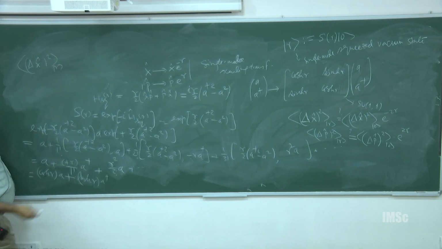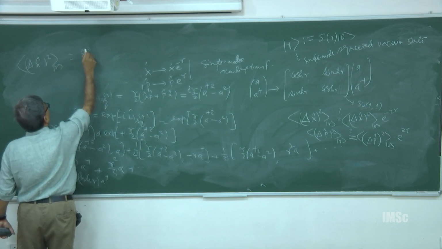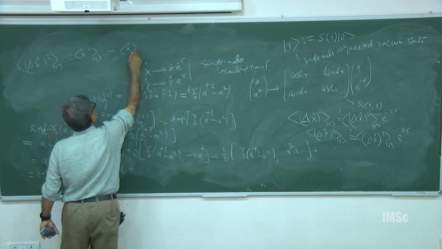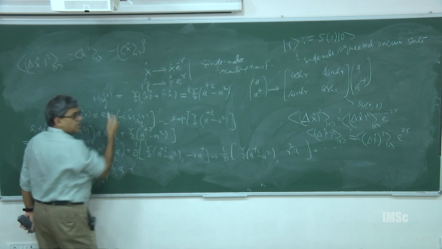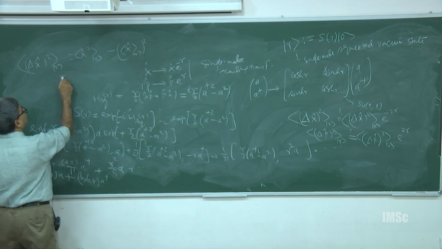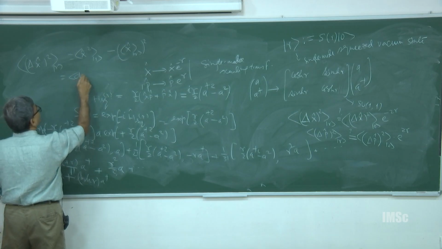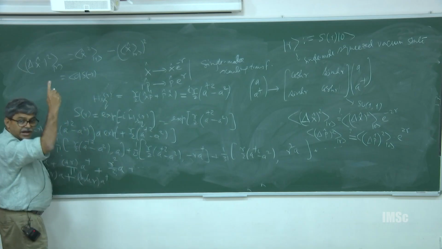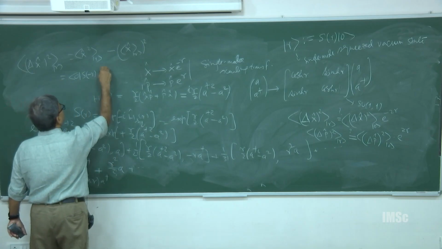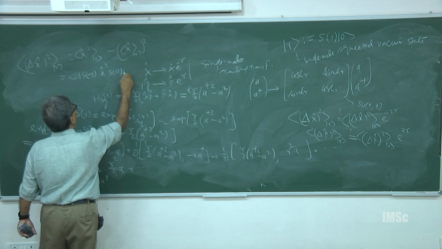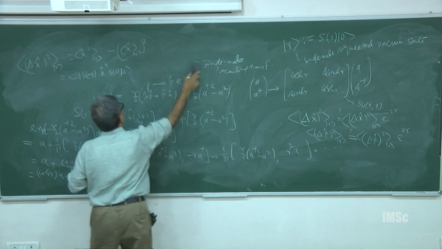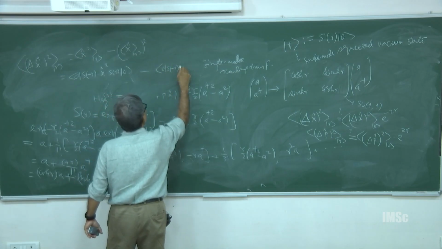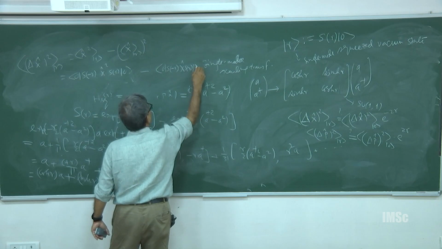Because we have the transformation. So, this is x square, and this is your vacuum, this is S of minus r, because S r dagger is S of minus r, then x square S of r 0 minus 0 S of minus r x S of r 0 square, right.